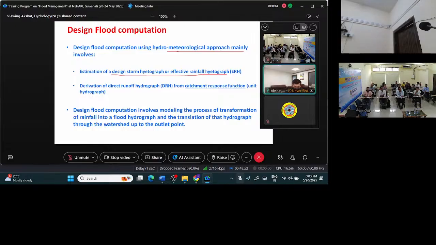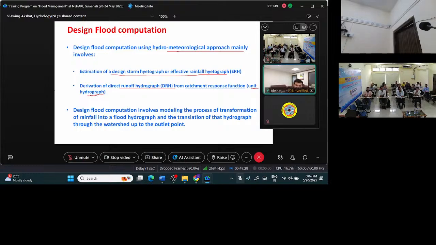Excess rainfall means the rainfall which will cause runoff over the land, because while falling, some rainfall will go inside the ground and some will remain over it. The rainfall over the ground will convert to runoff. So we need to have an effective rainfall hydrograph. And the second thing we require is derivation of the direct runoff hydrograph from the catchment response function. Catchment response function means unit hydrograph.